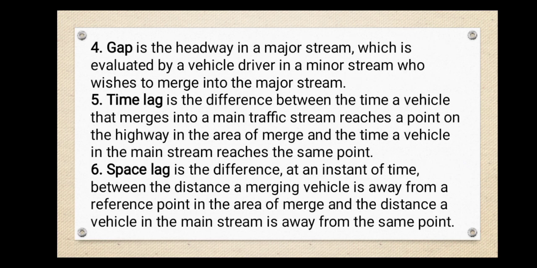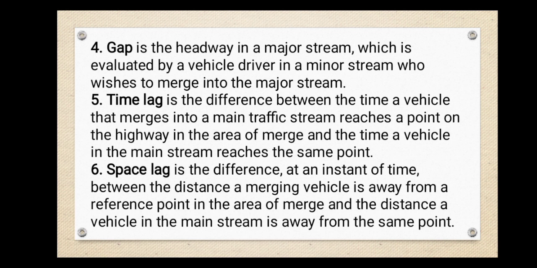Fourth is the gap. It is the headway in a major stream, which is evaluated by a vehicle driver in a minor stream who wishes to merge into the major stream. It is expressed either in units of time, which is time gap, or in units of distance, which is space gap.